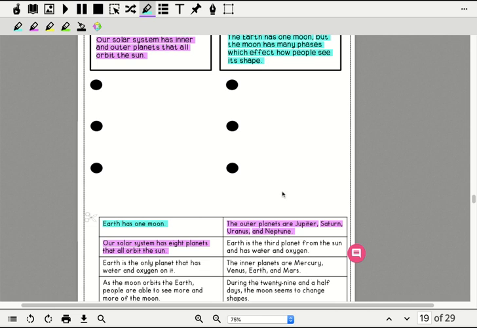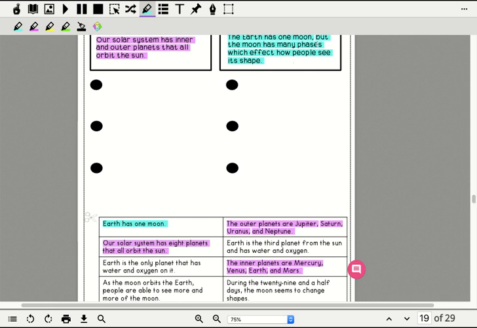Right here, inner planets. Okay, so let's add that. Oh, I did the wrong one. That's not what I read, is it? This is the one I read. Okay. Down here, as the moon orbits the Earth, people are able to see more and more of the moon.